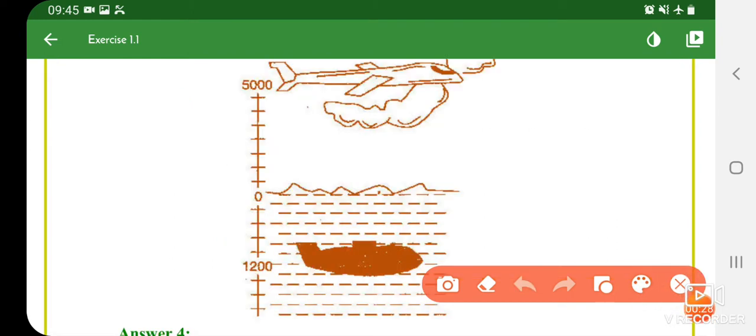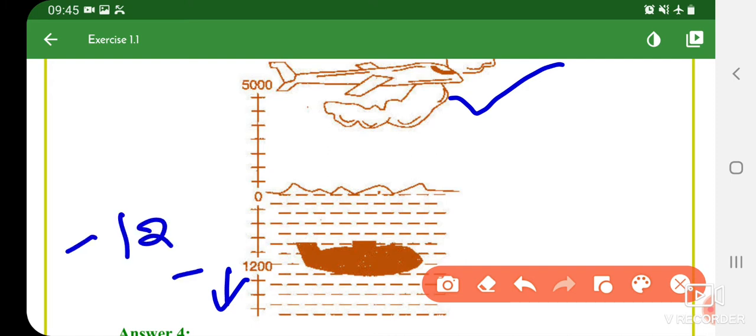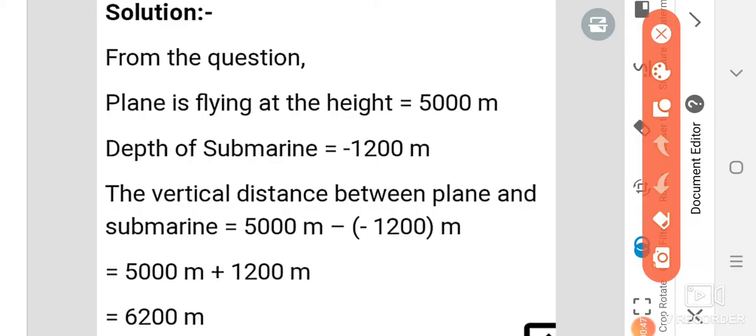You can see in this figure the flight is above at 5000 and the submarine is below. Below means this 1200 is in the minus. And what is the vertical distance? So let's see. According to the question, the plane is flying at the height of 5000 meter.